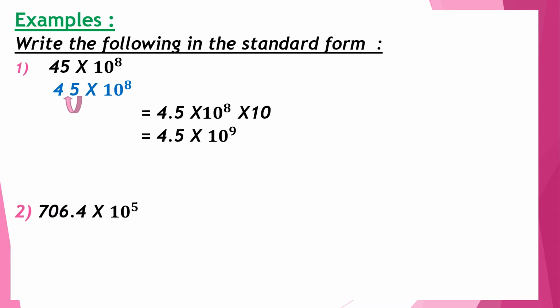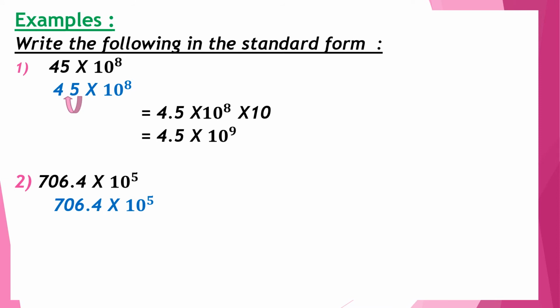Another example, 706.4 times 10 power 5. Also we must put this number in the form of the absolute value of a greater than or equal to 1 and less than 10. So we must move the decimal from this place to put it after 7 by this arrow to have 7.064 times what?